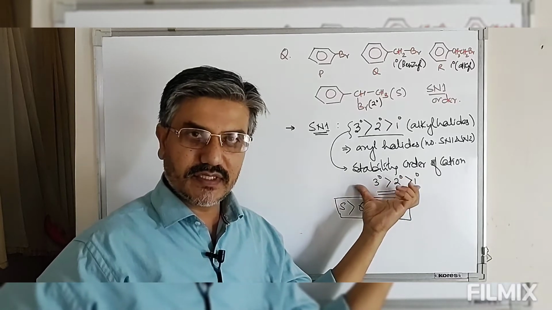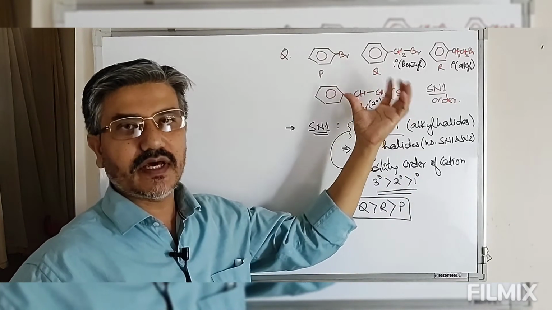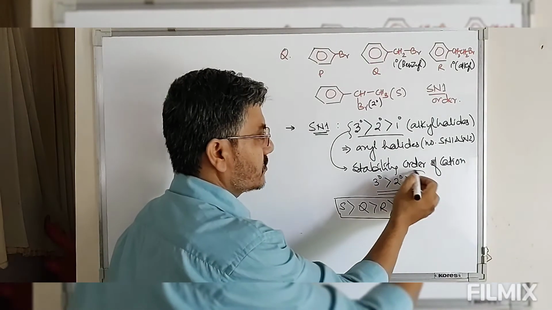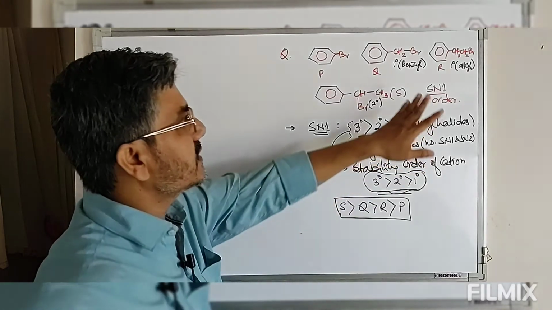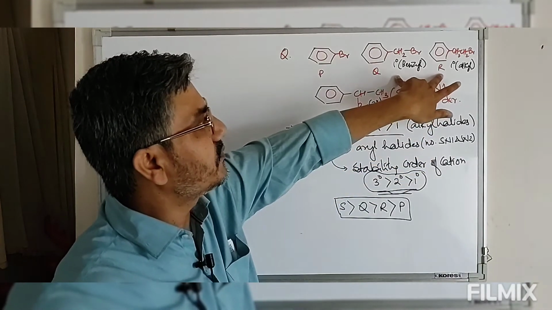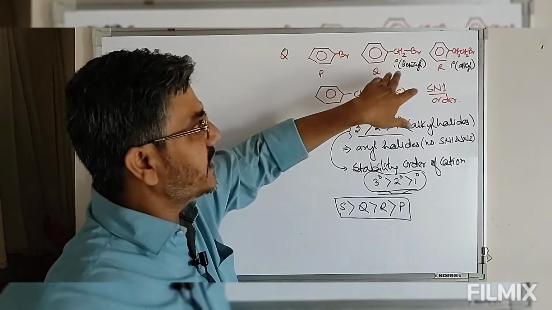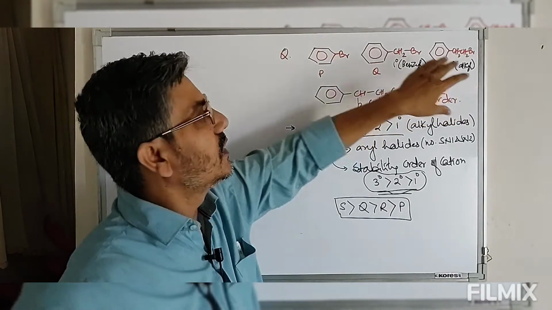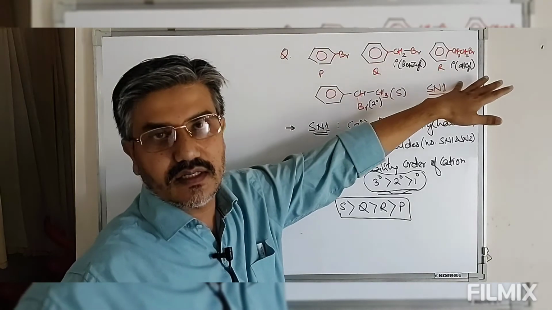So the stability of carbocation will decide the reactivity order of different halogen substituted alkanes. So the stability order is given to you, and from this we have to define. The problem arises in both Q and R. We have primary, but this is benzyl, this is non-benzyl. Benzyl cations are more stable than alkyl cations, so benzyl will have more reactivity than alkyl.